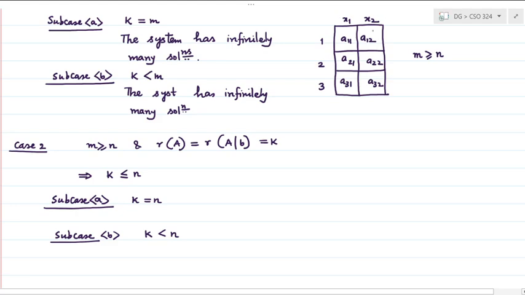For instance, I take here this 3 by 2 system, and the rank, let's suppose, is equal to 2, and 2 is equal to the number of variables, 2, and therefore there exists a 2 by 2 submatrix of this matrix such that that 2 by 2 matrix has non-zero determinant, and obviously then it will have a unique solution by Cramer's rule. So there exists a unique solution of the system.